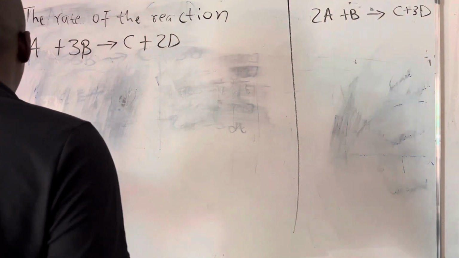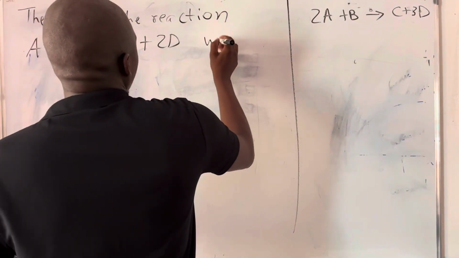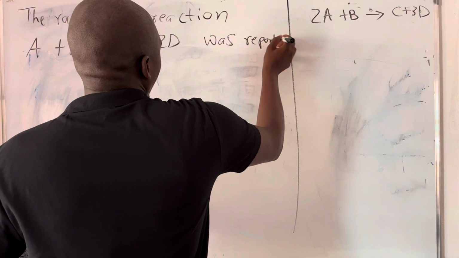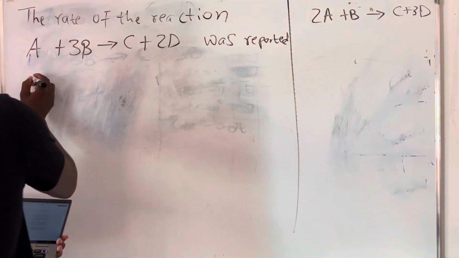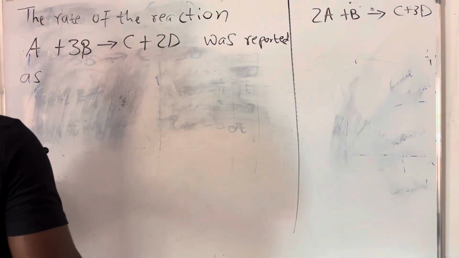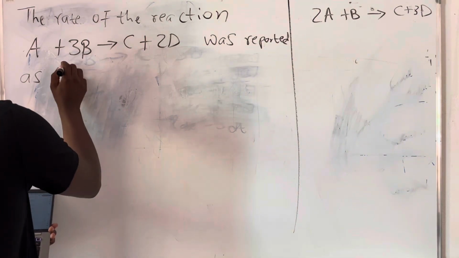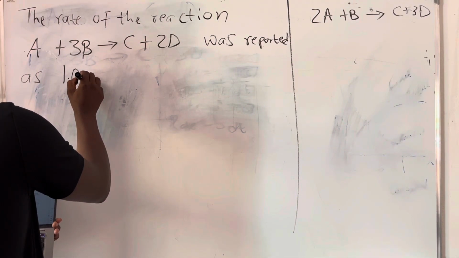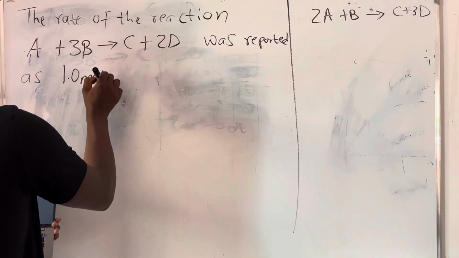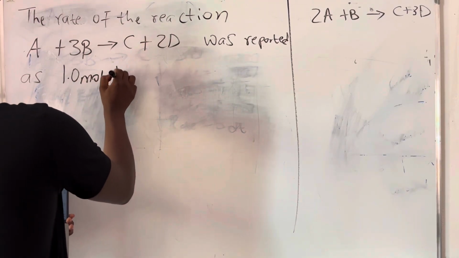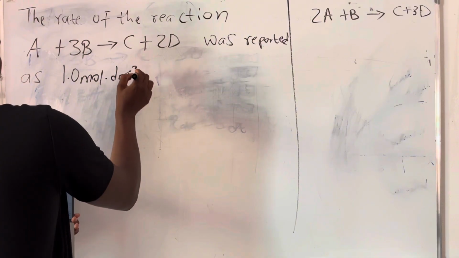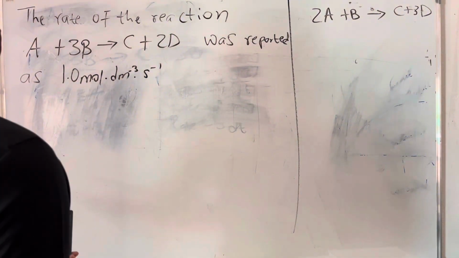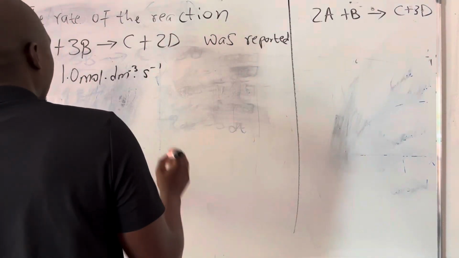So the rate was reported as 1.0 mole per decimeter cube per second, right?